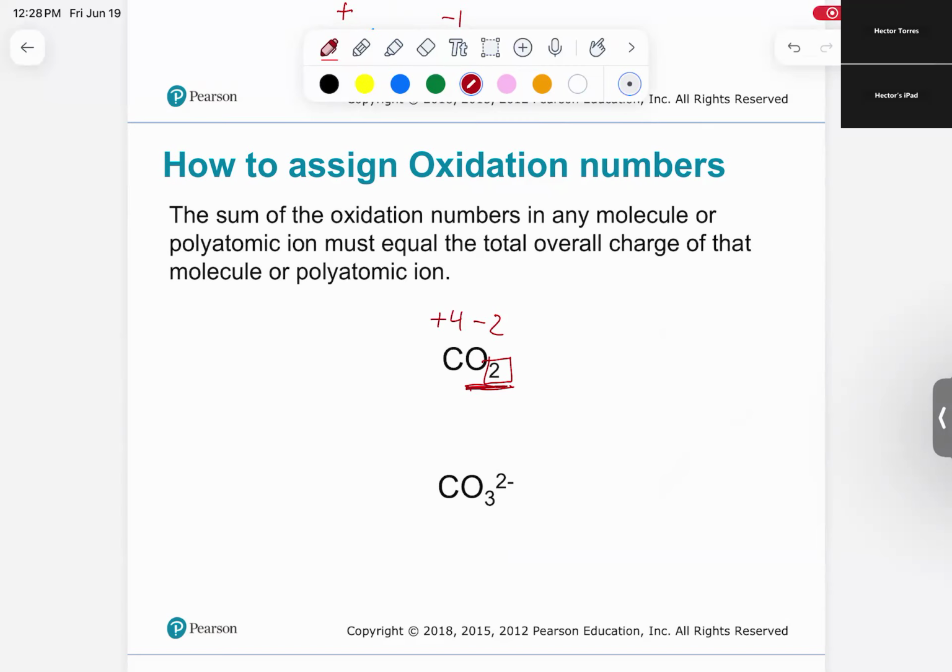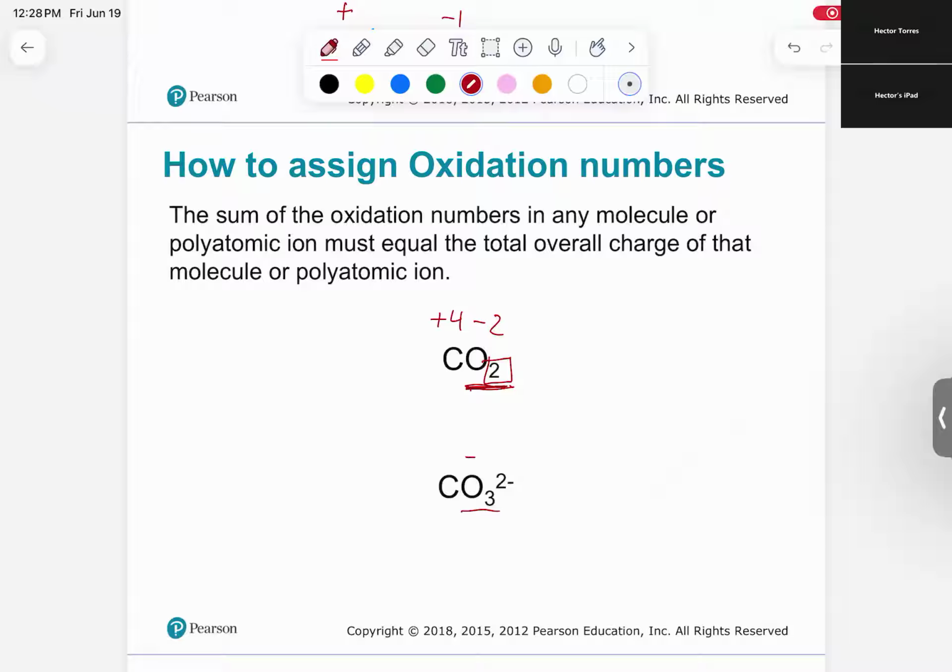Now on the second one, we have CO3 2 negative. So this 2 negative we have to take into account. But let's look at how we do that. First we look at the oxygens.